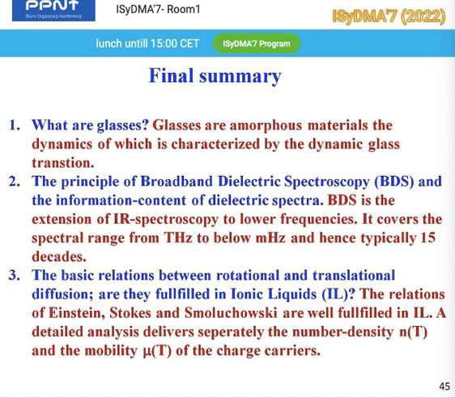And in ionic liquids, in both low molecular weight and polymeric systems, the dynamics and the charge transport is determined by the relations which go back to Einstein, Stokes, and Smoluchowski, and they are quantitatively fulfilled, as I showed you for one example.